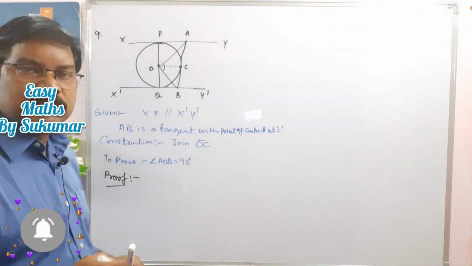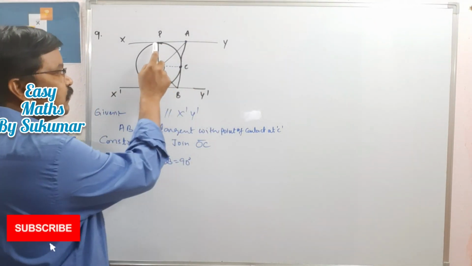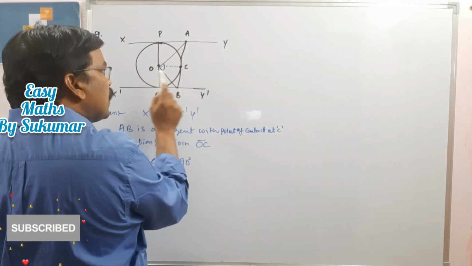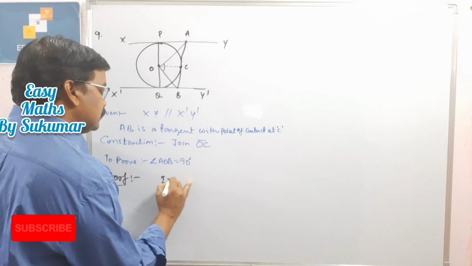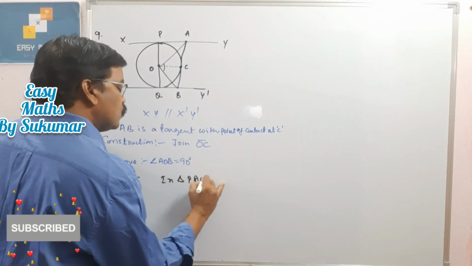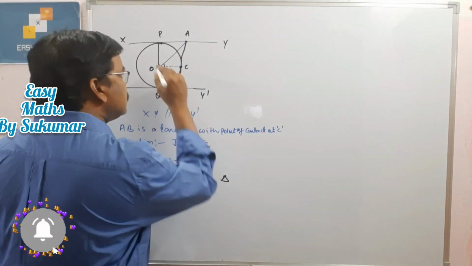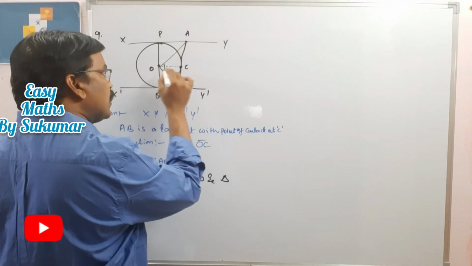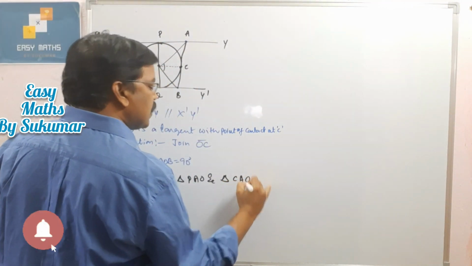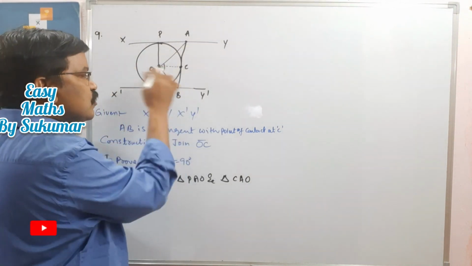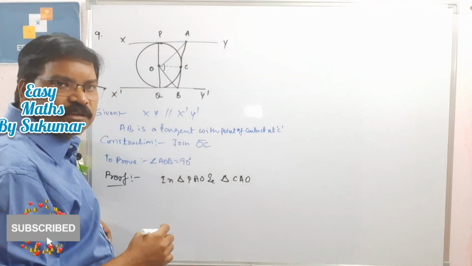See my dear students, here take the two triangles PAO and CAO. Observe the two triangles here. PAO is one triangle, CAO is one triangle.